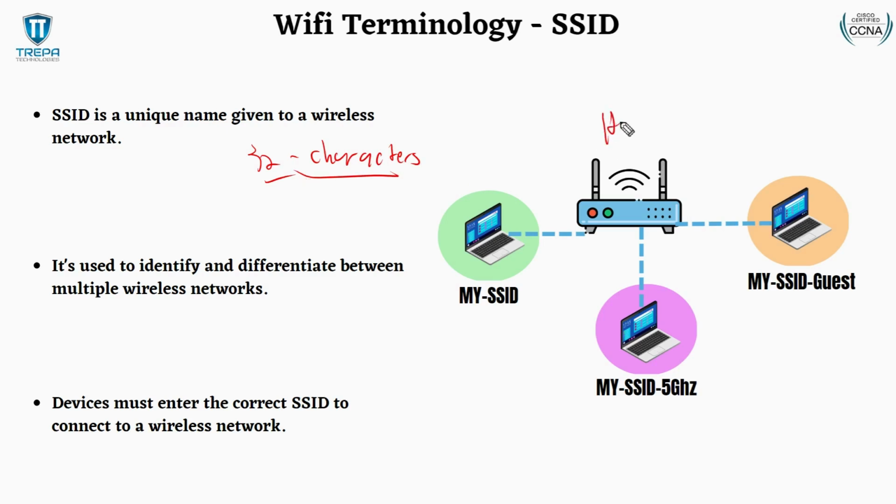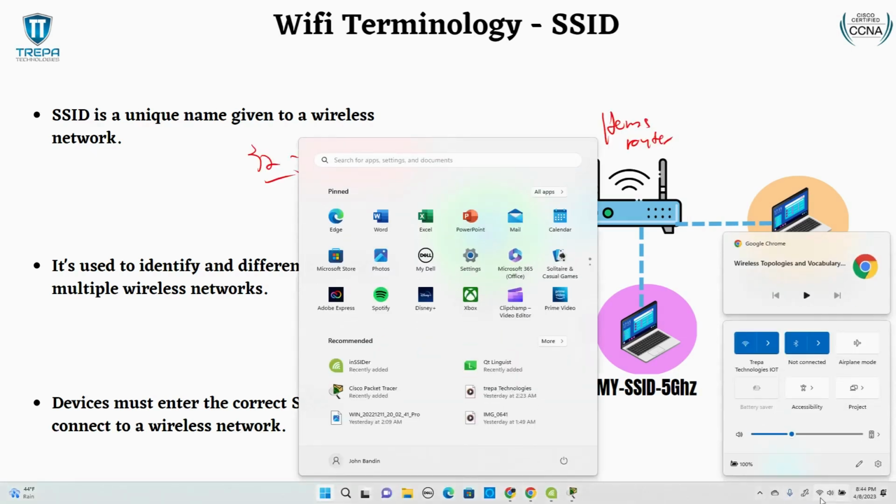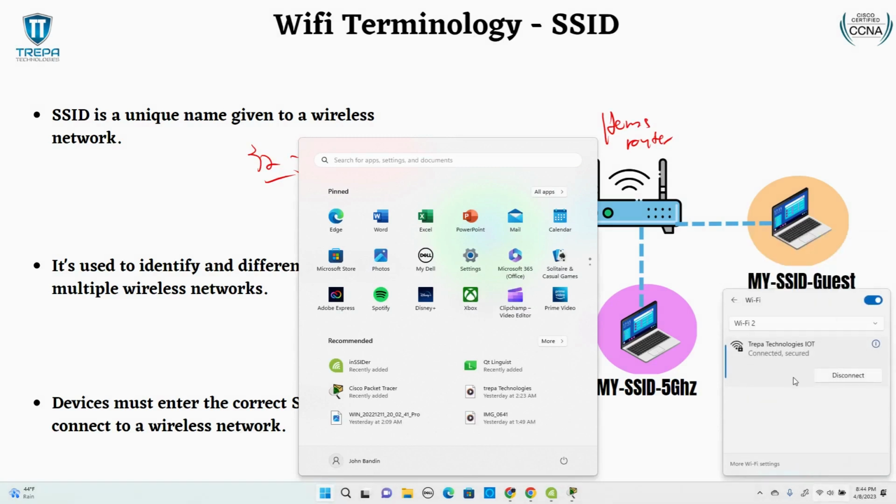So you see here, this is the home router, for example. And these computers all connect to a Wi-Fi network or a wireless network based off the SSID. Even if I go to my own computer here and bring up my network connections, look at all the SSIDs within my range to connect to.